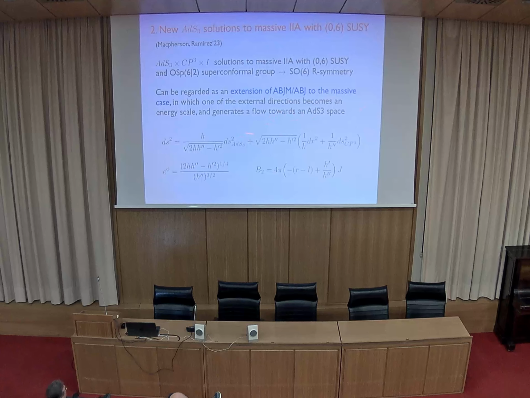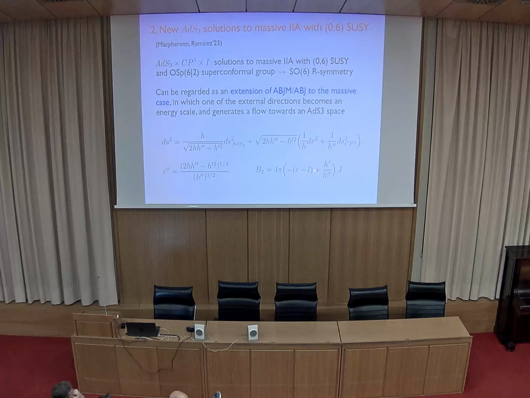So let's see how this happens. The form of the solutions is quite compact. You have the AdS3 part, the CP3 part, and this r parameterizes the interval. The solutions are defined in terms of this function H, which is a function of r, and its first and second derivatives. We have a Neveu-Schwarz two-form B2, which depends on the Kähler form of the CP3.